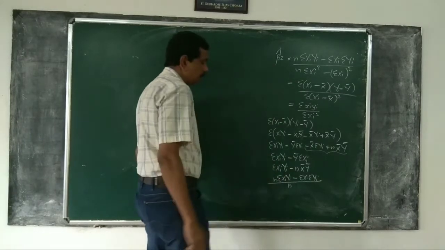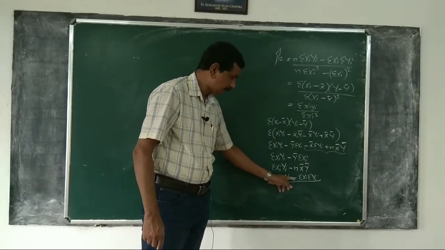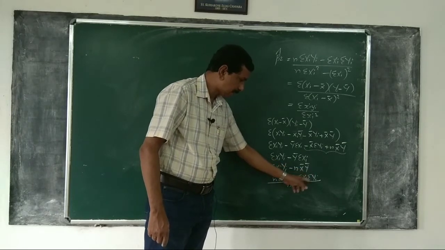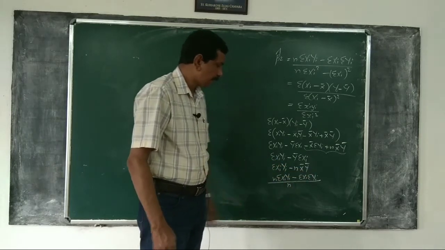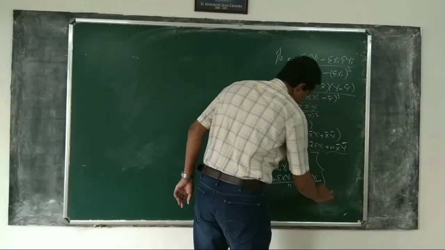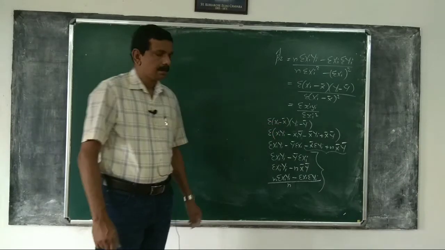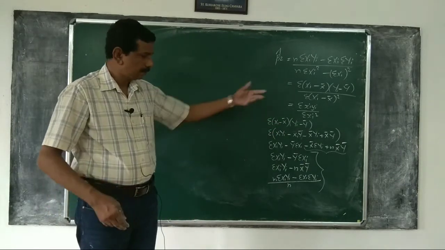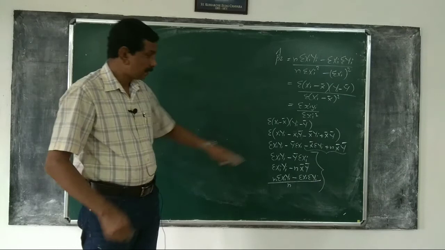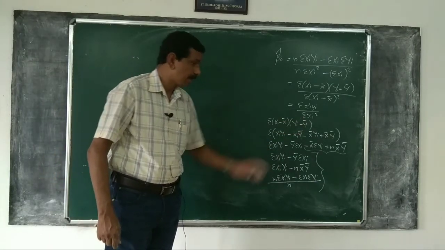That is the third expression. We will use these three expressions interchangeably later when we proceed. So these are the expressions for sigma xi minus x bar into yi minus y bar.